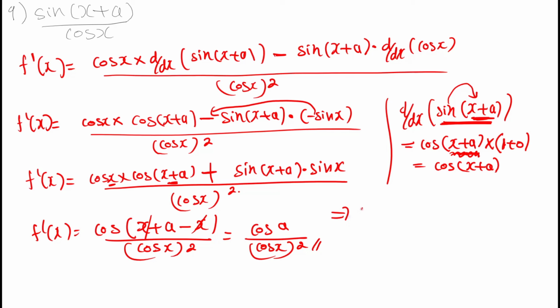Here I use the formula cos a cos b plus sin a sin b is equal to cos of (a minus b). Using this formula you can simplify the numerator. Otherwise you can keep the numerator like this only, then also you will get the marks.